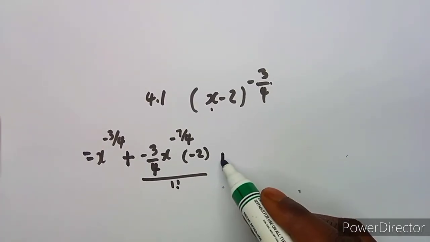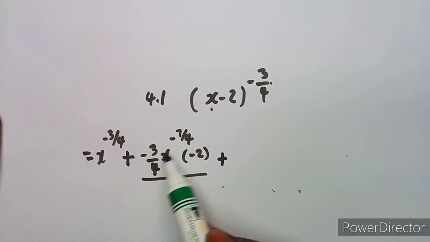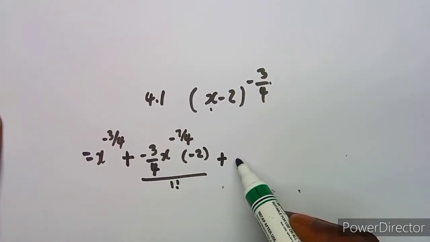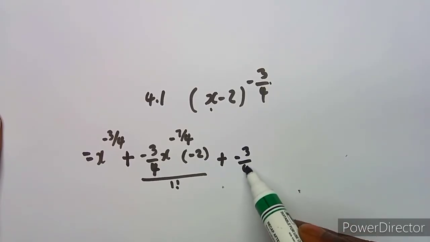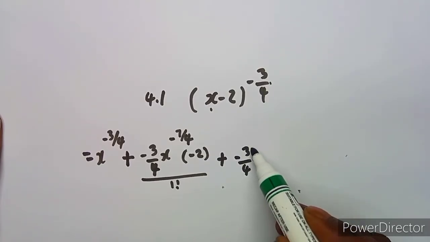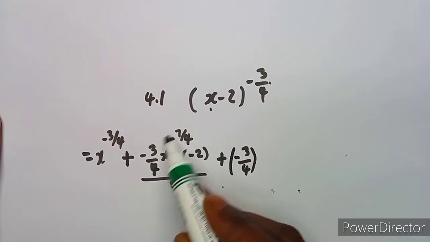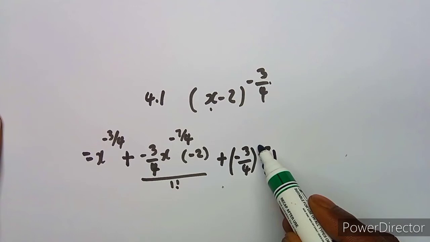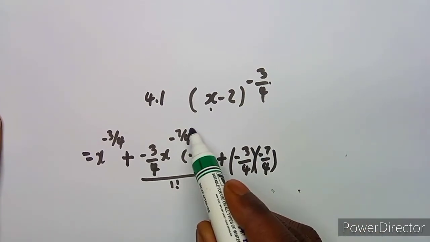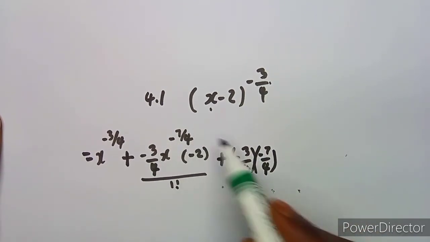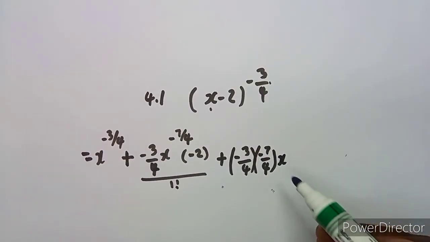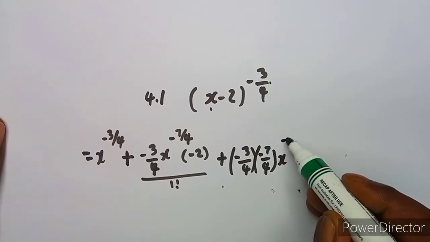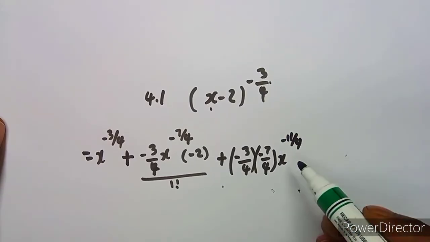We move on. The third term, you drop the exponent again, but now there's already -3/4, so it's going to be plus -3/4, like this. You drop this exponent now, which is -7/4. Now we are going to subtract 1. The moment you drop this exponent, you subtract 1, so it's x to the exponent of -7/4 minus 1, which is -11/4.